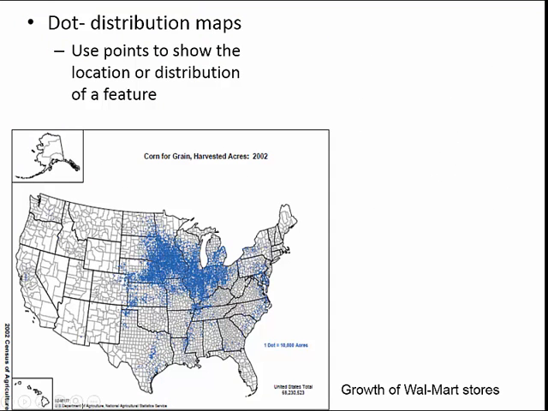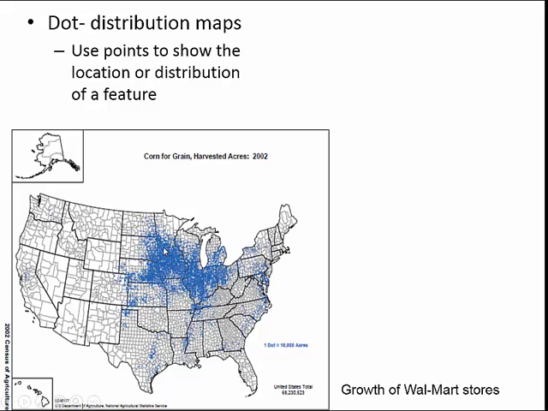So the different types of thematic maps, dot distribution maps, use points to show the location or distribution of a feature. Some display quantities by assigning a value to each point. So this map here shows corn for grain harvested. This is dating back to 2002. Now each dot in this dot distribution map equals 10,000 acres.